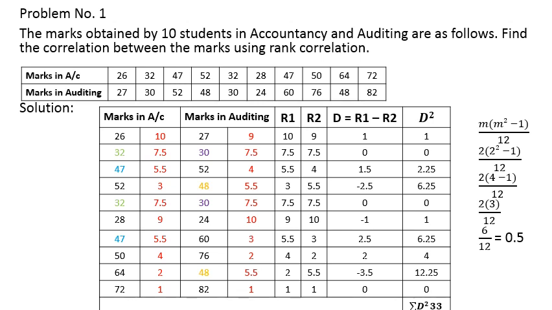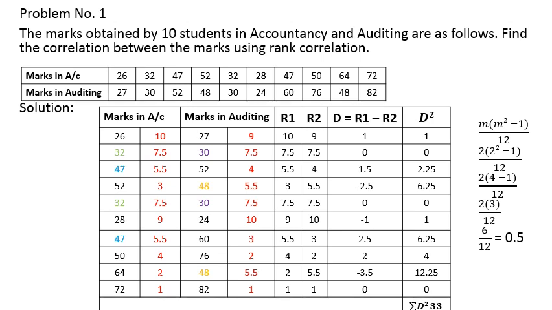Find the correlation between the marks using rank correlation. Marks in accountancy: 26, 32, 47, 52, 32, 28, 47, 50, 64 and 72. Marks in auditing: 27, 30, 52, 48, 30, 24, 60, 76, 48 and 82.